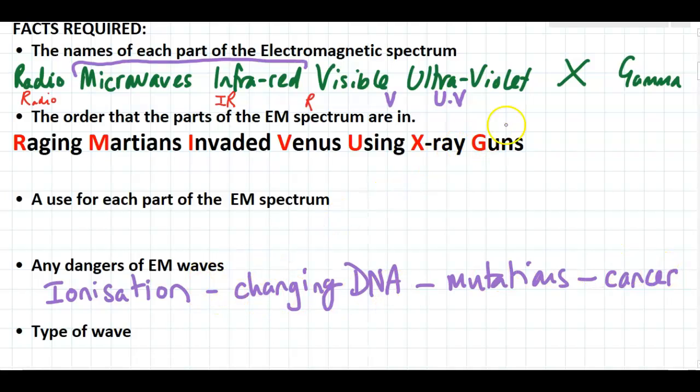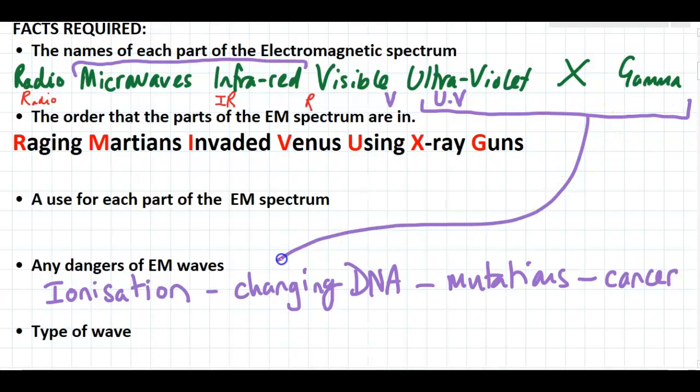When we talk about ionization, it's this end of the electromagnetic spectrum that we're talking about. Ultraviolet, X-rays, and gamma rays can cause ionization, damaging the DNA in your cells, causing them to mutate, and that's what cancer is.